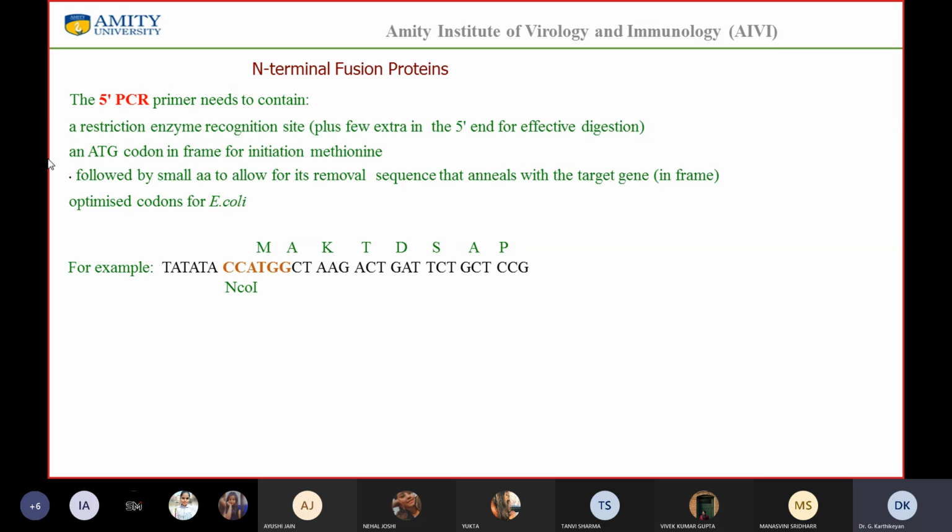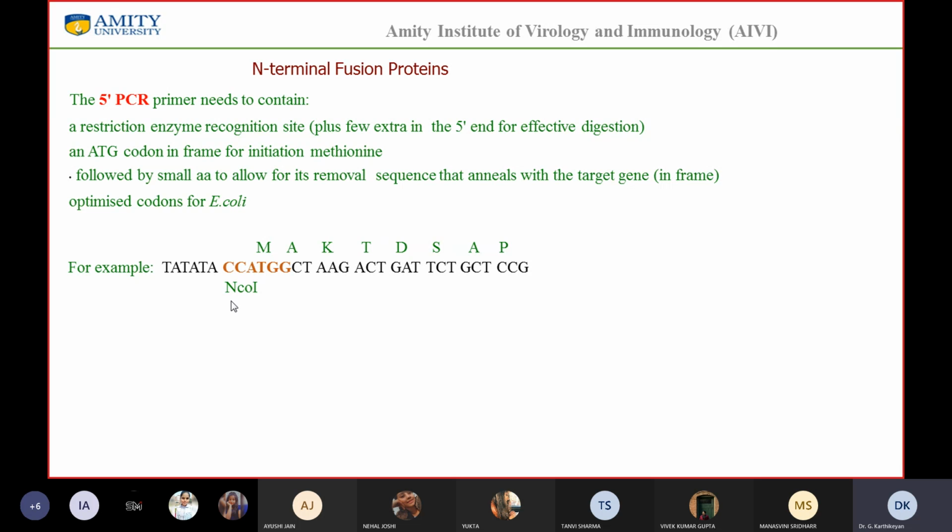It needs to have an ATG codon in frame for the initiation methionine, and it needs to be followed by small amino acids, which could allow for the removal of the sequence in the end when we want to purify it. Okay. And then you need to have optimized codons for E. coli. As I said, when you try to express either malaria or tuberculosis genes, you can't really do it in a normal strain. You need to have codon-optimized E. coli strains. Okay. And so this is given as an example here.